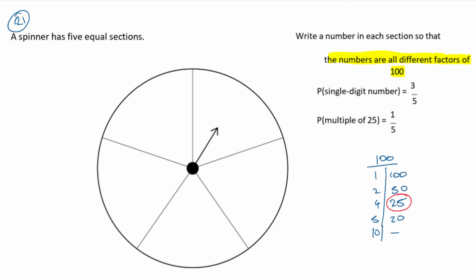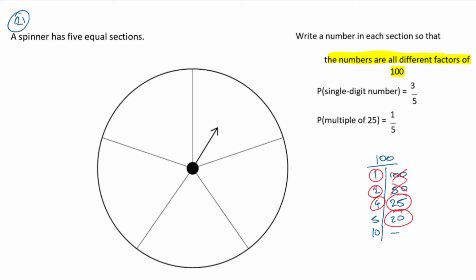and three single digit numbers. So let's say I go for that one, that one, that one, and then I need one more number to pick. I can't pick any of those because they would be multiples of 25 as well, so I have to pick that one.